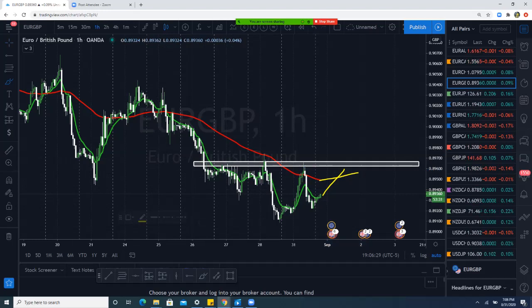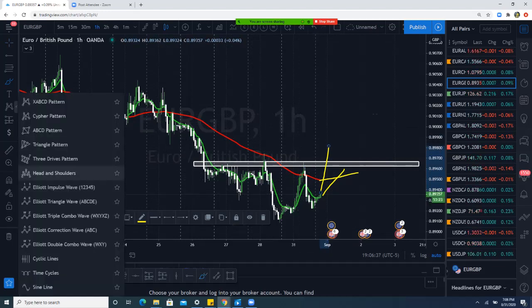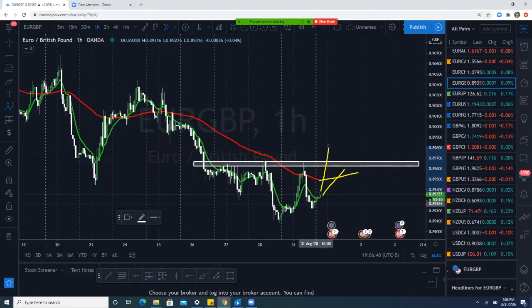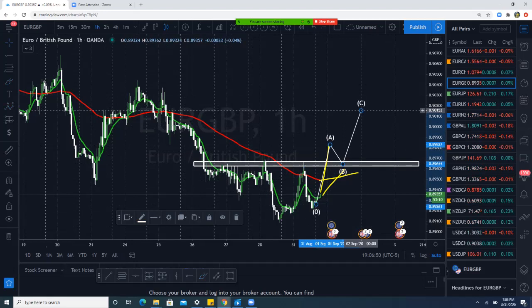So it breaks the resistance here. And then from there, you want price to break the resistance, retest the broken resistance as support, and then there would be your entry to buy up.